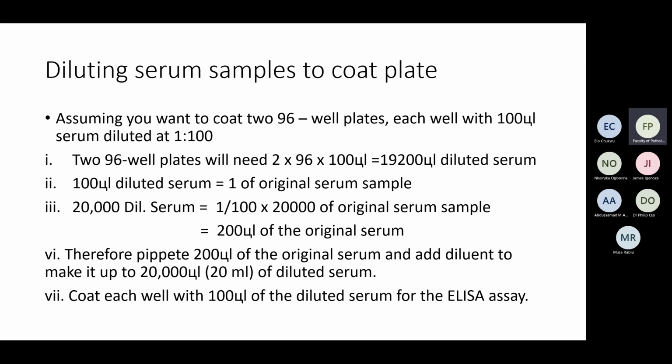You get your 200 microliters of serum, and then you add your diluent to make it up to 20 mils. That will give you 20 mils of serum diluted at 1 to 100. So from that, you can now conveniently coat your 2 ELISA plates with 100 microliters per well.